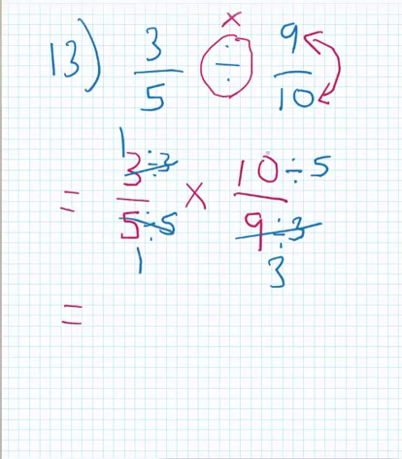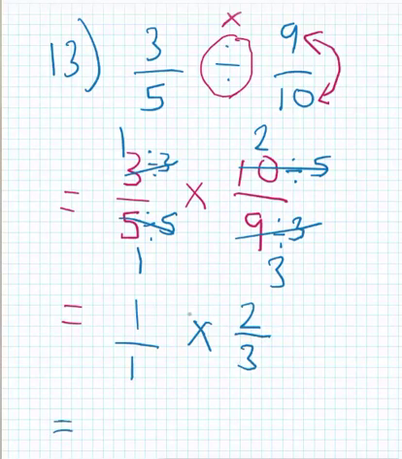That's a 1, and 10 divided by 5 is 2. And what we have left is 1 over 1 times 2 over 3, which equals 1 times 2 is 2, 1 times 3 is 3, and that's our final answer. I can't simplify this fraction anymore, and it's a proper fraction.